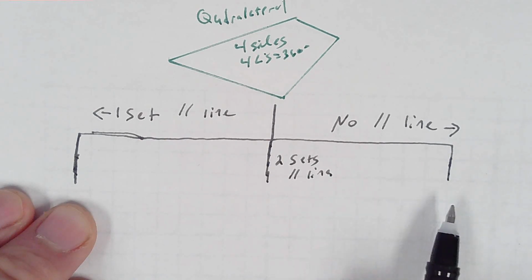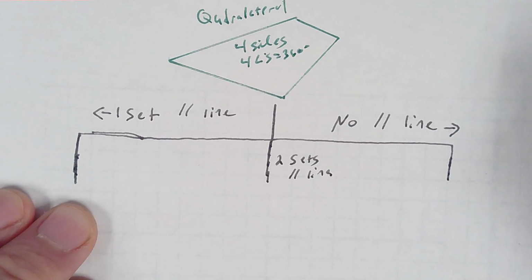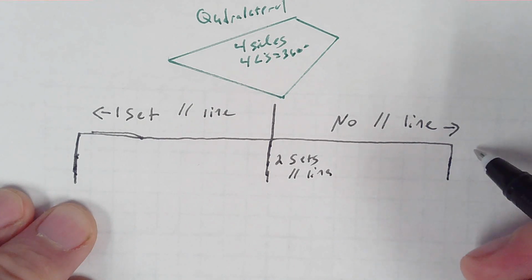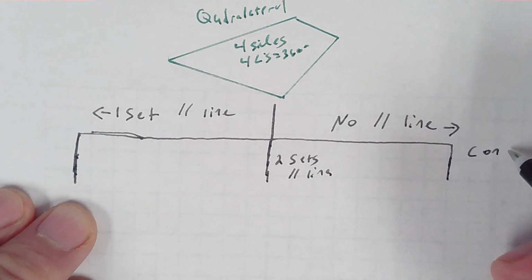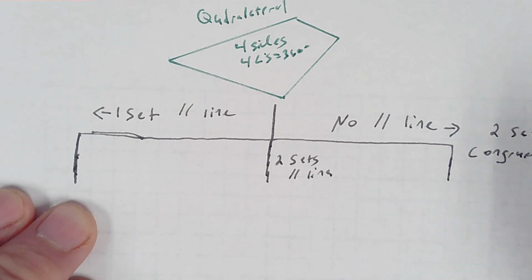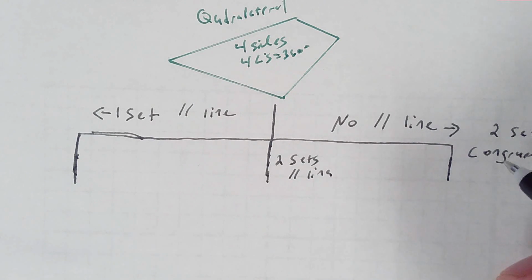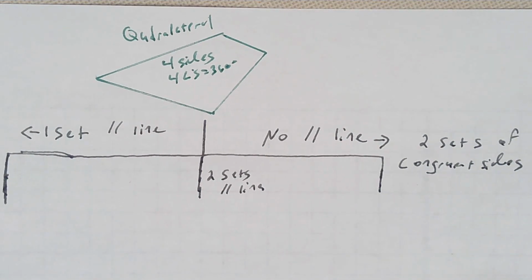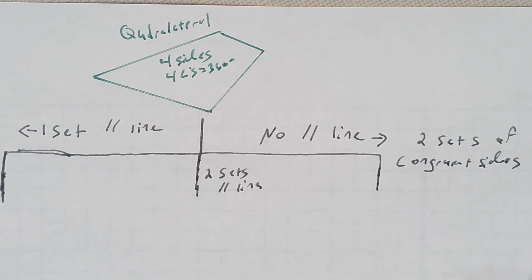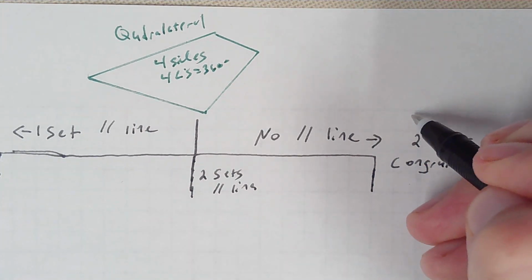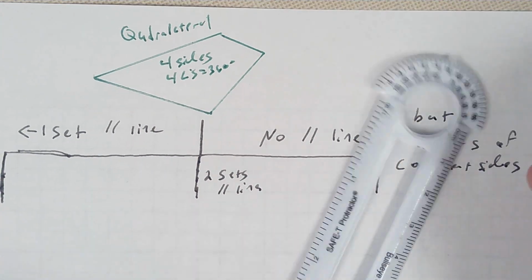Okay, if it has no sets of parallel lines, but it has two sets of congruent sides, let's draw that.